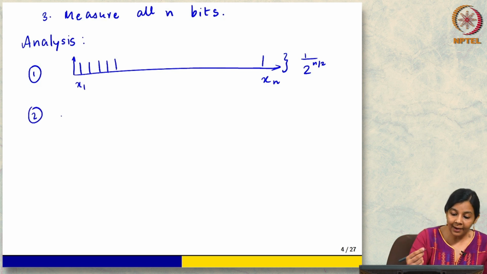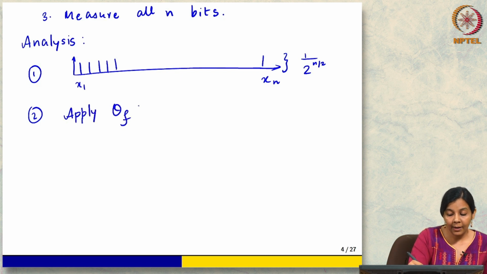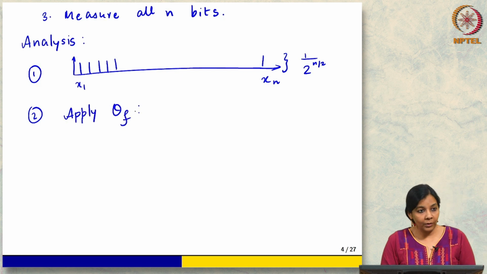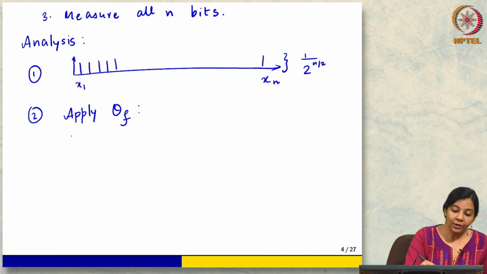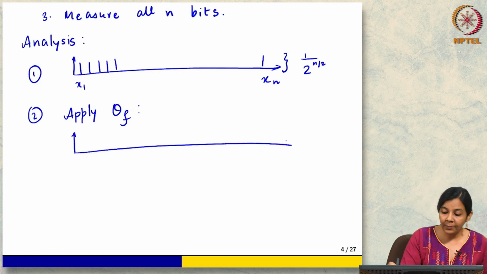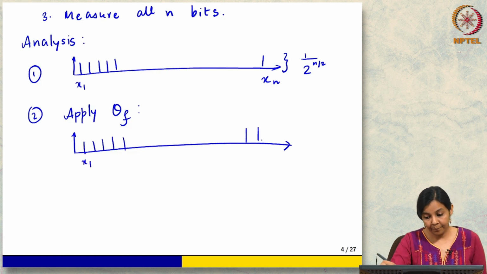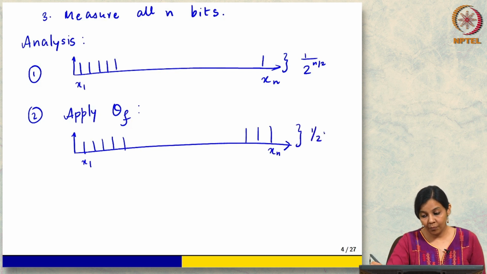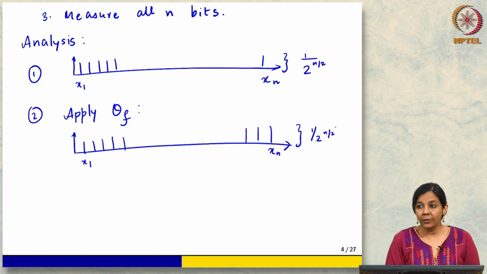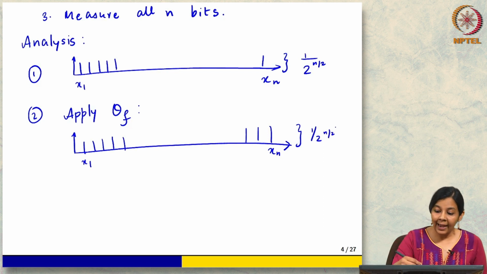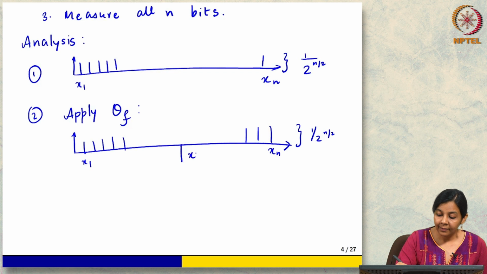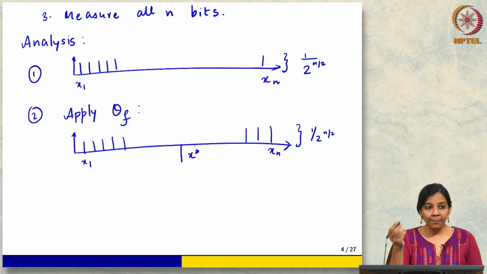Now, the second step is interesting. Now I am going to apply my function oracle. Can you tell me what is going to happen to this nice picture that I have? Basically, at x star, the amplitude will flip.